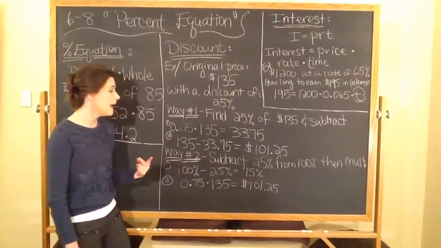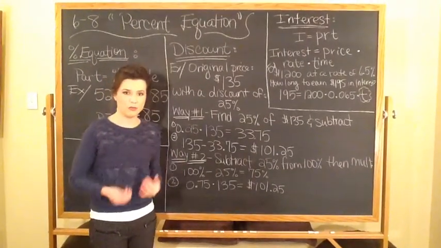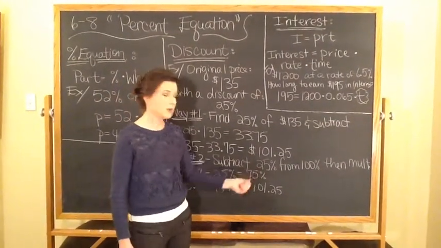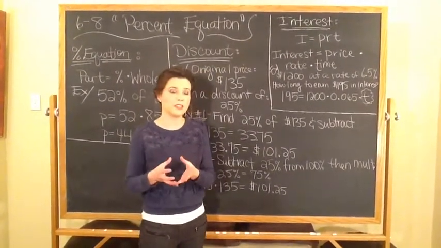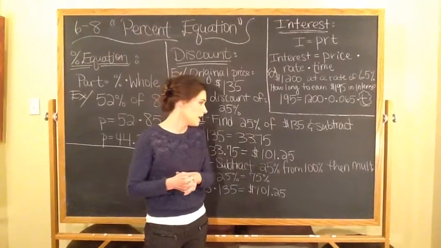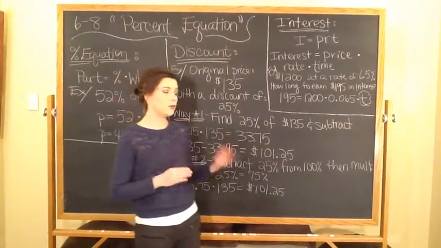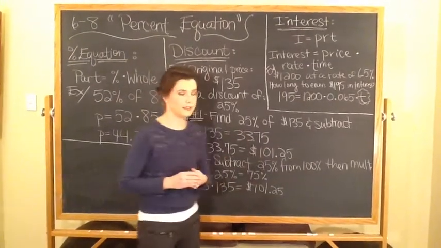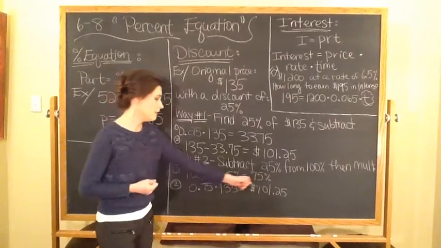The second way is by first figuring out what you're going to be paying for. If the discount is 25%, we're going to subtract it from 100 to figure out what percent we're actually paying for. So first we subtract 25 from 100%, and then we multiply by the original price. 100% minus 25% is 75%.